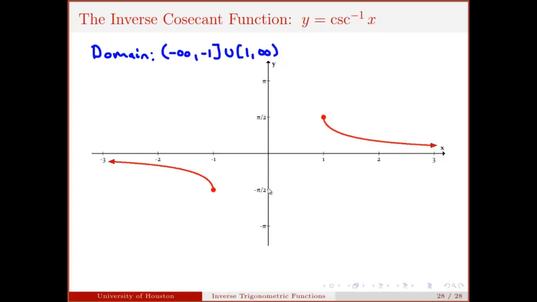Also, the range of the inverse cosecant function is equal to the restricted domain of the cosecant function, which is all numbers between minus pi over 2 and pi over 2, excluding the value 0.